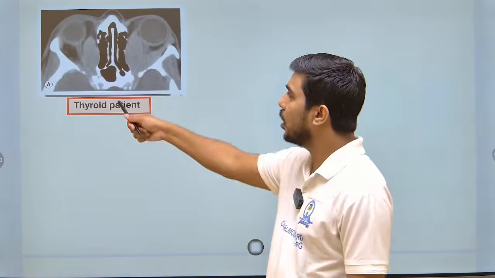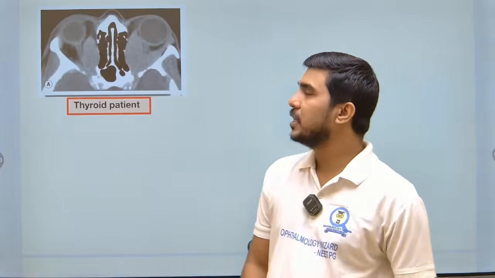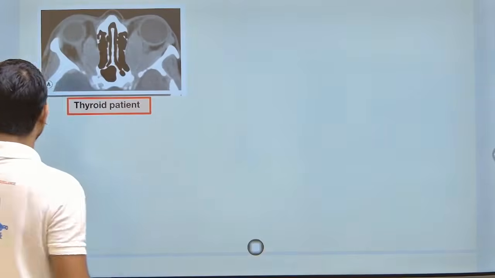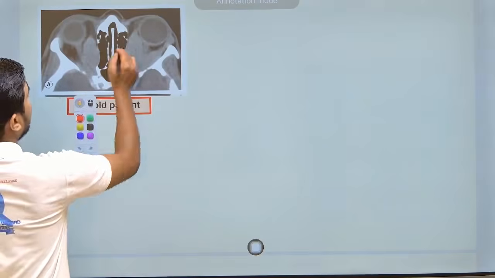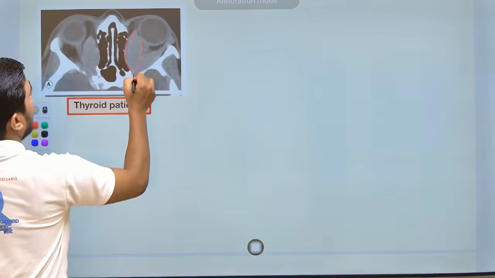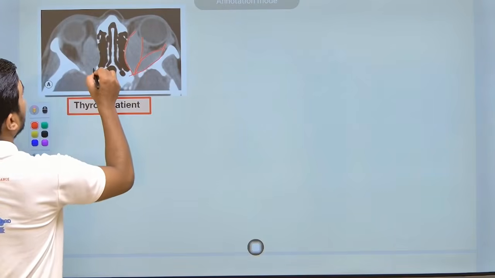Now, this is a thyroid patient and having this type of CT scan. If you see carefully, then you will find that there is a fusiform enlargement of this muscle and also this muscle.